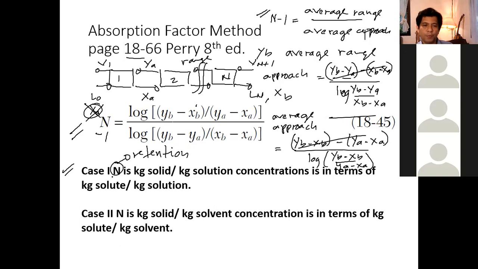So, if yung unit ng retention natin is kilogram solid per kilogram solution for case 1, yung concentration should be in terms of kilogram solid per kilogram solution. Sa case 2 naman, pag naman yung N is in terms of kilogram solid per kilogram solvent, ganun din yung unit ng concentration. Kilogram solute per kilogram solvent.